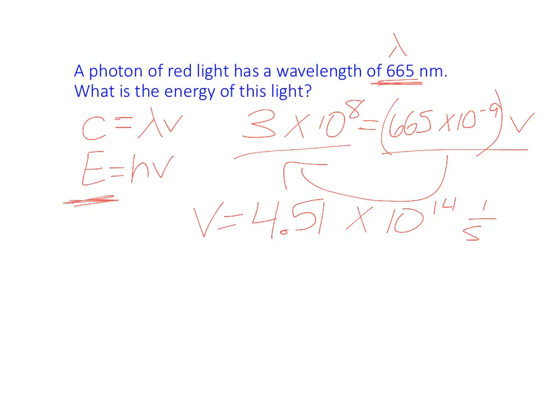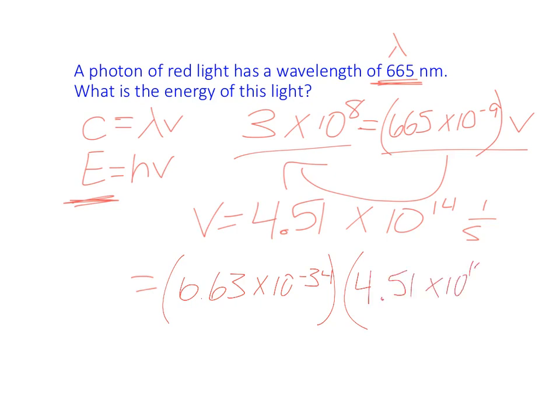Okay, all right, now we can plug that into our next equation to solve for E. So we have E equals HV. H is our constant, which is 6.63 times 10 to the negative 34th. And then our V, which is 4.51 times 10 to the 14th. And that's going to give us our energy.